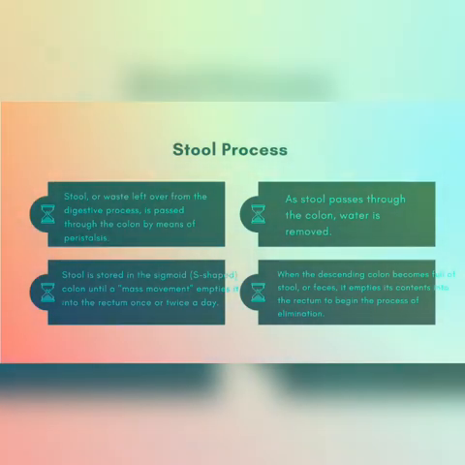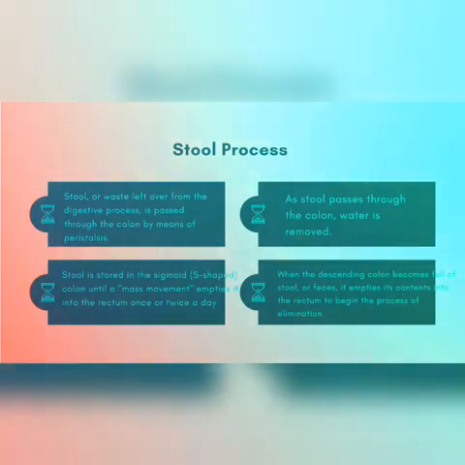It is passed through the colon by means of peristalsis, first in a liquid state and ultimately in a solid form. As stool passes through the colon, water is removed. Stool is stored in the sigmoid, or S-shaped, colon until a mass movement empties it into the rectum once or twice a day.